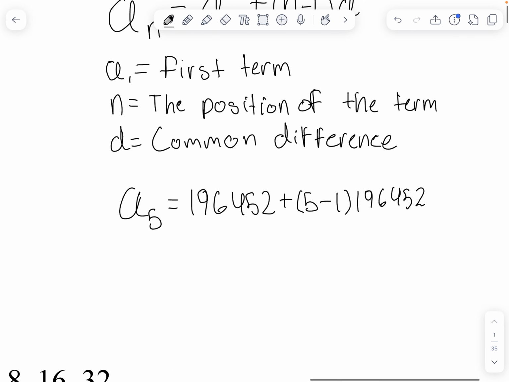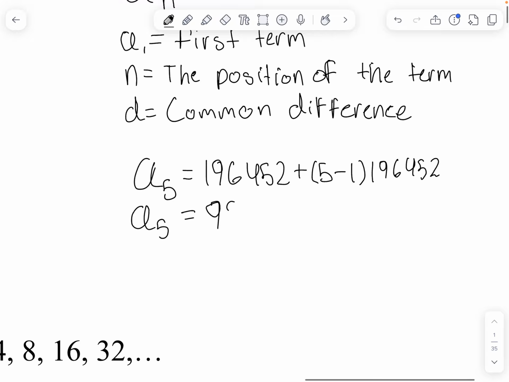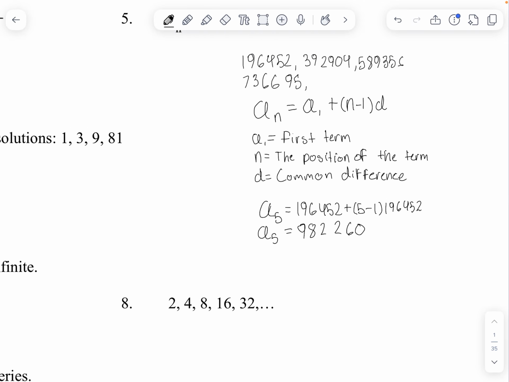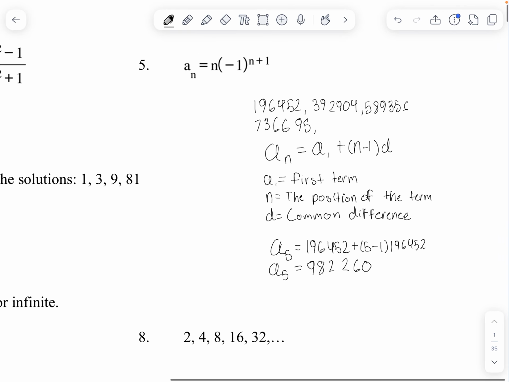We'd get A of the fifth term would be 982,260. Yeah, so that is a basic introduction to arithmetic sequences. So let's get started with our questions. Oh, and for summation notation, we're going to be doing that in the next video.